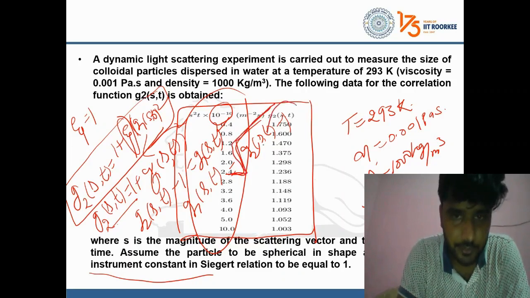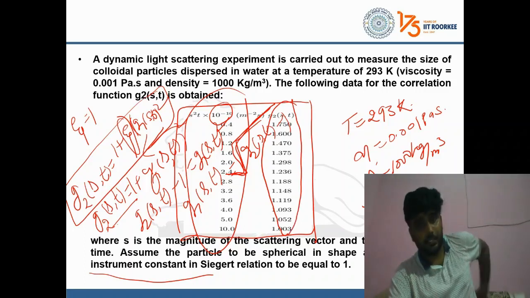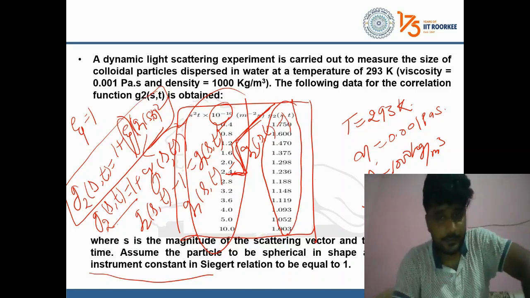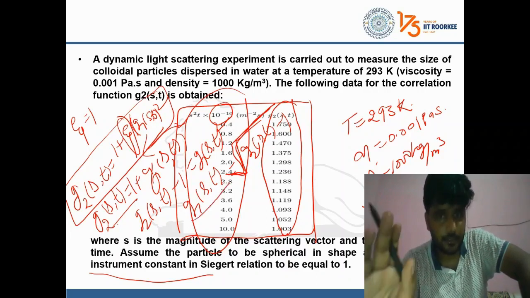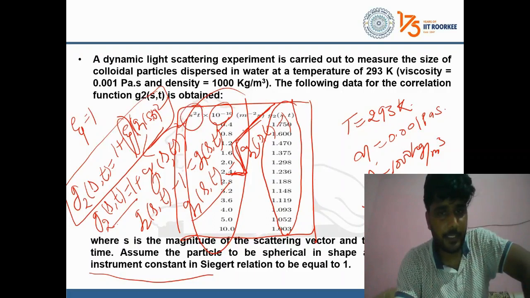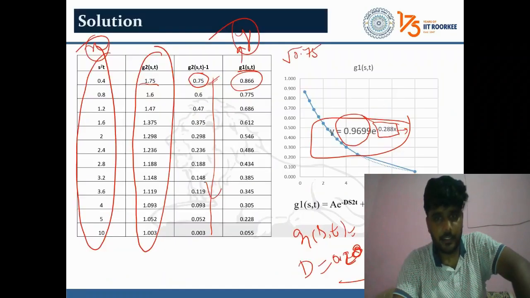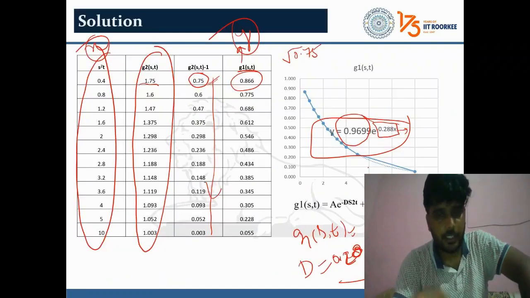In the question you are given the values of g2 st, so you have to simply subtract 1 from these values, and you will get the values of g1 st after taking the under root. And s square t multiplied by 10 to the minus 10, these are the values here. You have to put these values on the x-axis and plot a curve.